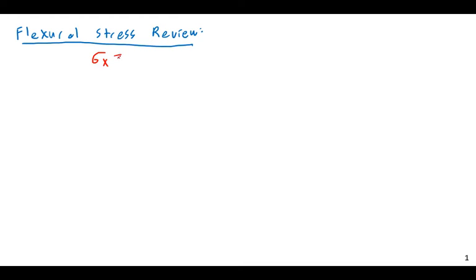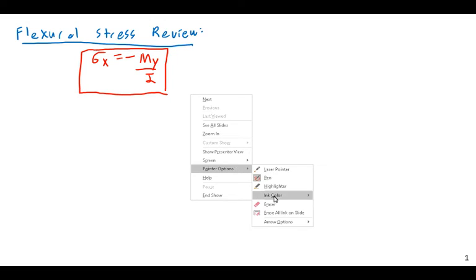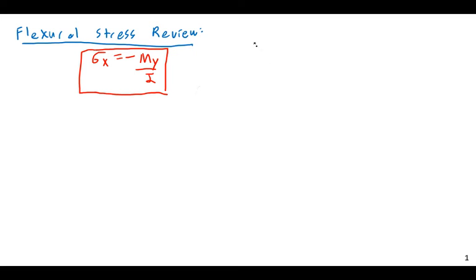Sigma x is equal to negative My over I. Where sigma x is the stress along the longitudinal axis, M is the bending moment in the beam at that particular point along the length of the beam, y is the distance from the neutral axis, or the neutral surface, and I is the moment of inertia of the cross-section of the member.